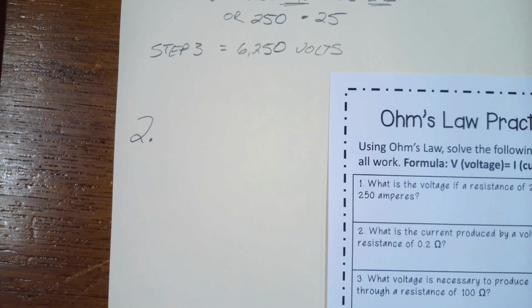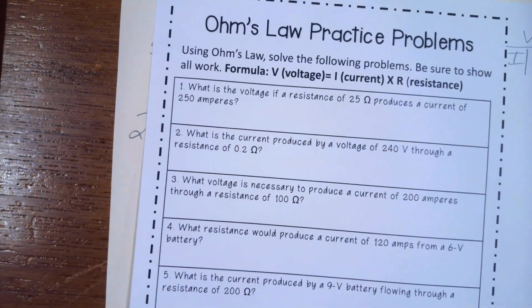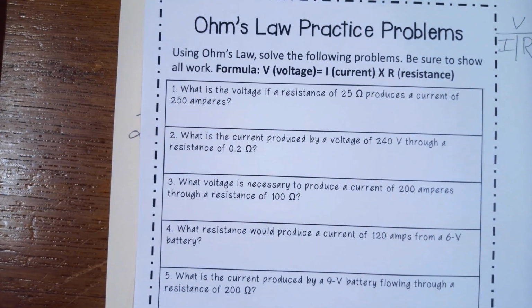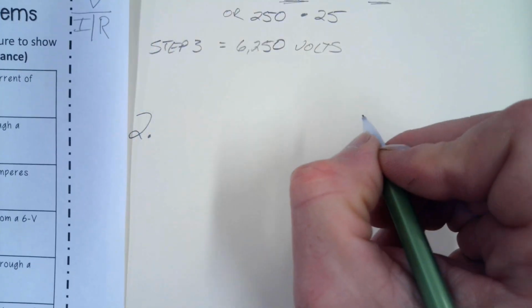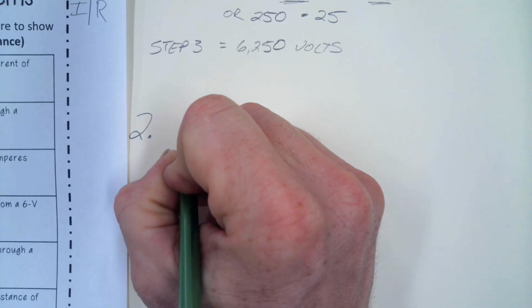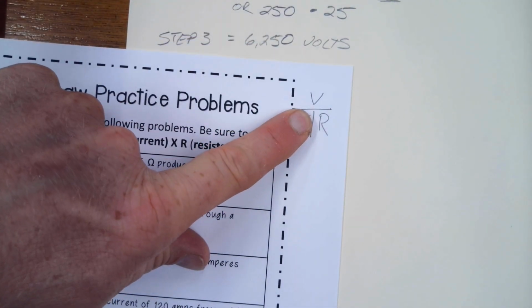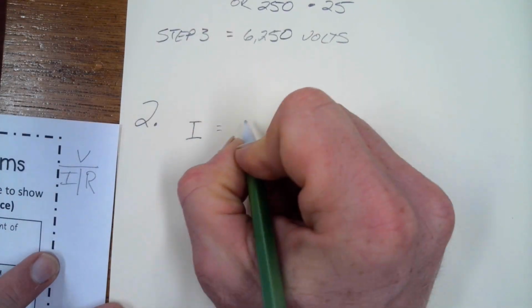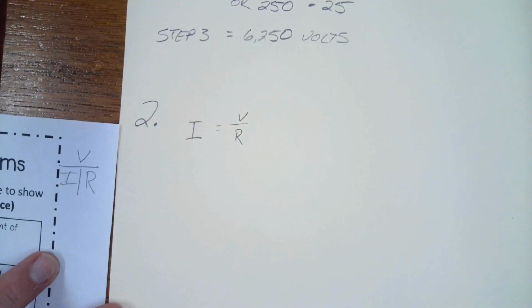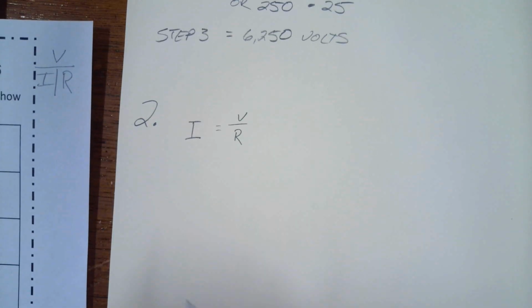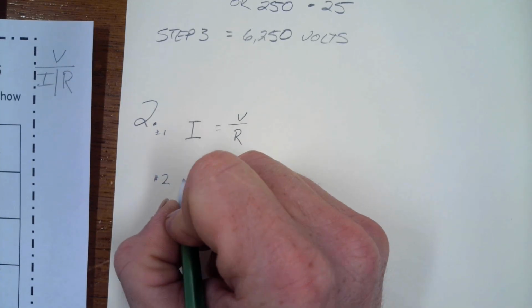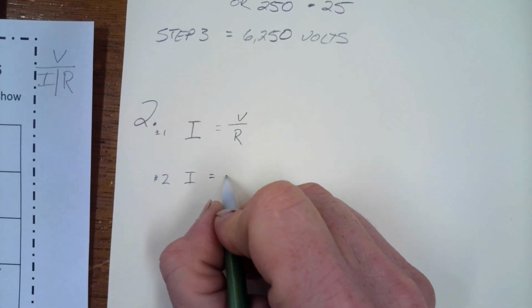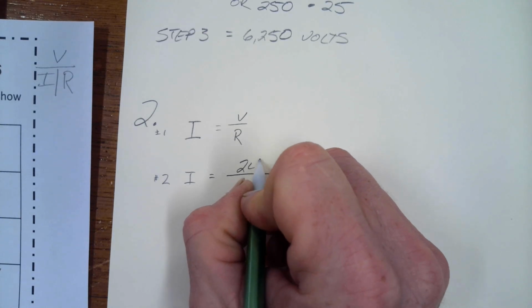All right, number 2, what is the current produced by a voltage of 240 volts through a resistance of 0.2 ohms? All right, so we're looking for current, so that's going to tell me the formula is, cover up the letter I, it's going to be volts divided by resistance. So there's my step 1. My step 2 is to plug in the math for it. Volts is 240 volts.